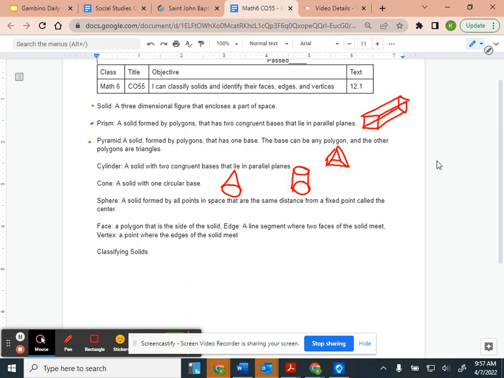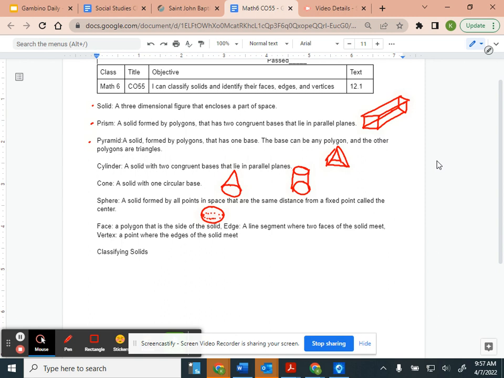A sphere is a solid formed by all points in space, so it's not just a circle, it goes all the way around. So it's that sphere, it's a ball. Everything is the same distance from the center of the sphere.